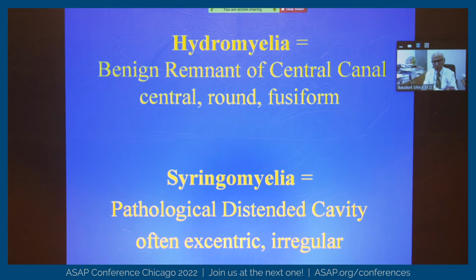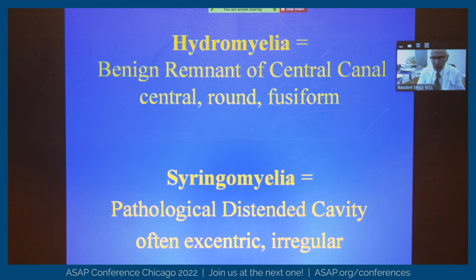And it is very important to distinguish between this hydromyelia or residual central canal of the cord and true syringomyelia, which is a distended cavity and is often irregular. A residual central canal does not present symptoms.